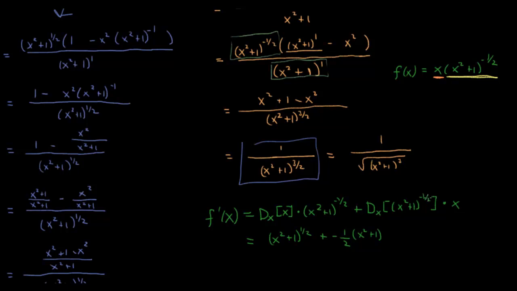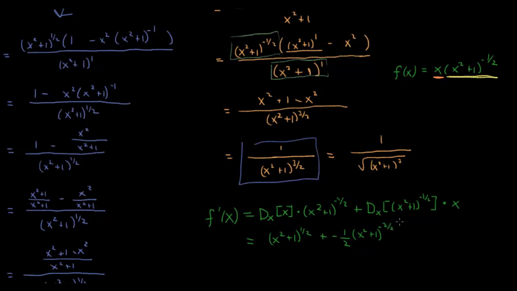oh, actually, no, this is a little different than what we did before. Slightly different because we have a negative 1/2 exponent here now. So we bring the original one out front, and then we have times the original exponent times the inside function raised to the 1/2 minus 1 power. 1/2 minus 1 is negative 3 halves.